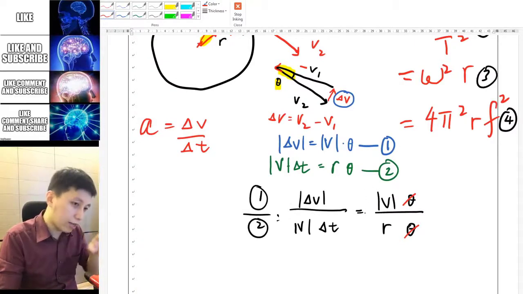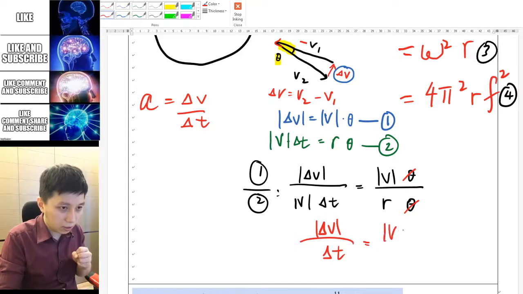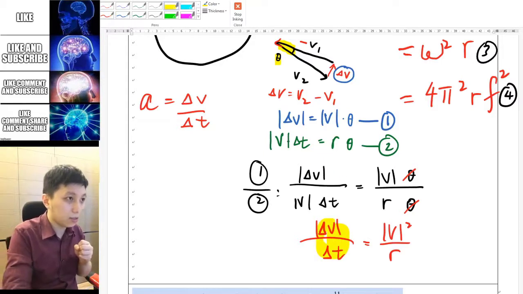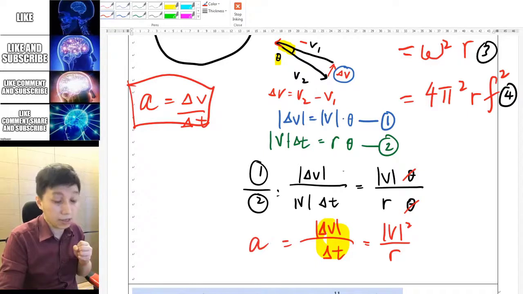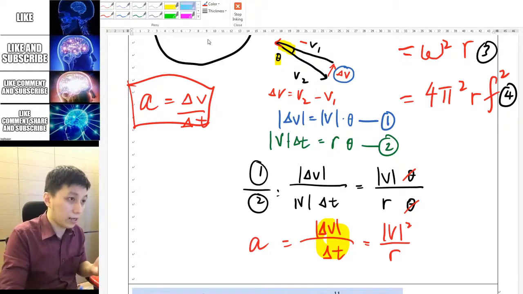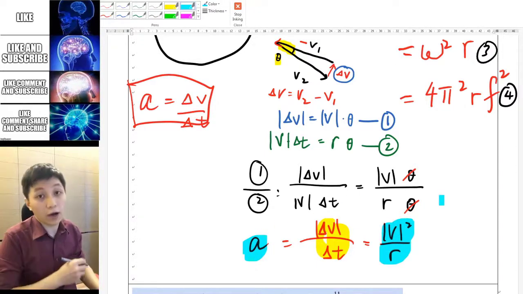Then you can rearrange the equation so that it becomes delta V over delta t equals absolute V squared over R. And in fact, this is what we wrote earlier: this is acceleration based on the definition. That's why we can have acceleration equals V squared over R.